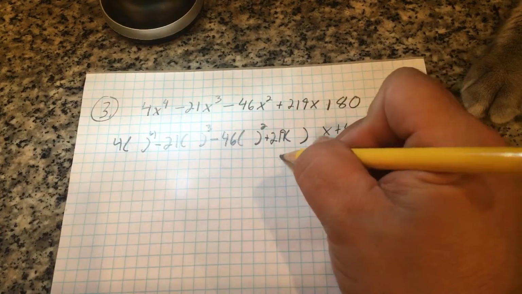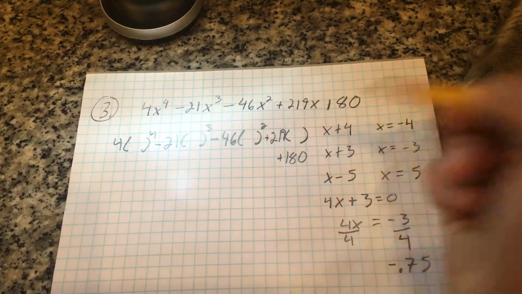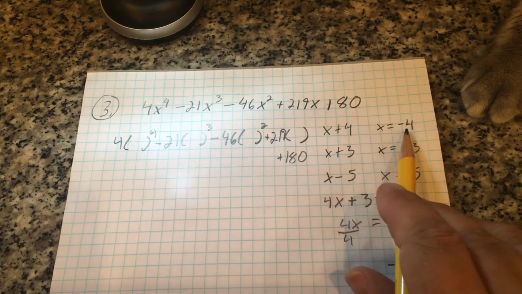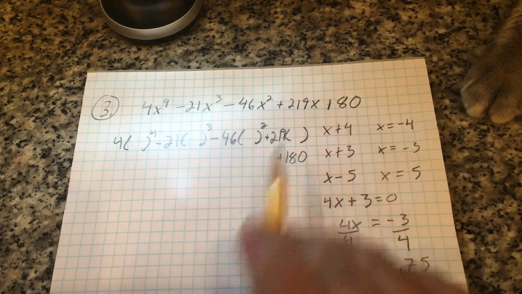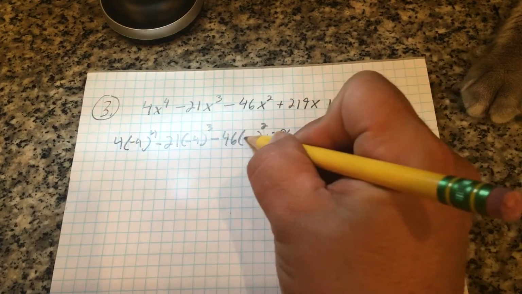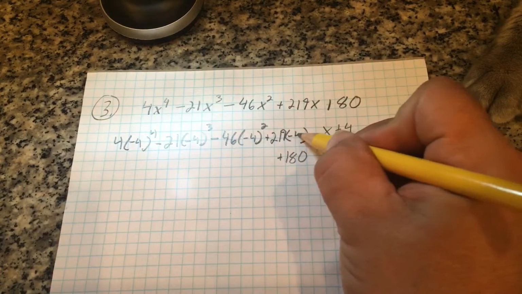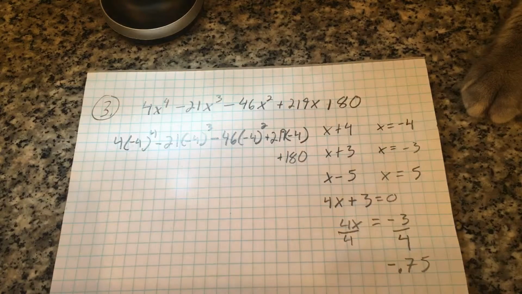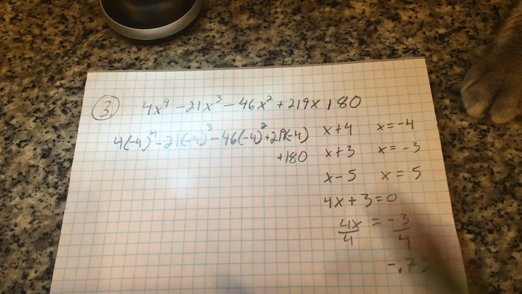I ran out of room, so I'll throw it down here. Now I'm going to plug in negative 4 to each of these parentheses, and nothing can be plugged into 180, so it just stays there. You might want to use a calculator for some of these.